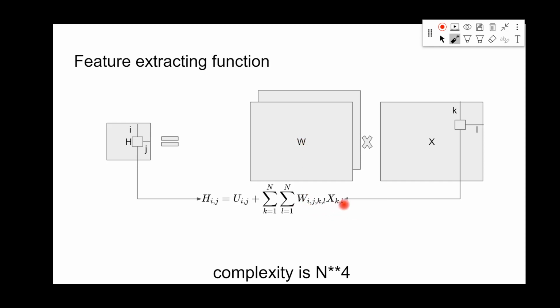For every pixel, we have a weight W_IJKL to calculate the weighted sum over all the positions and use that to produce H here. The W here has the index IJ, which means that for each position we use a different weight to calculate the output from the input.